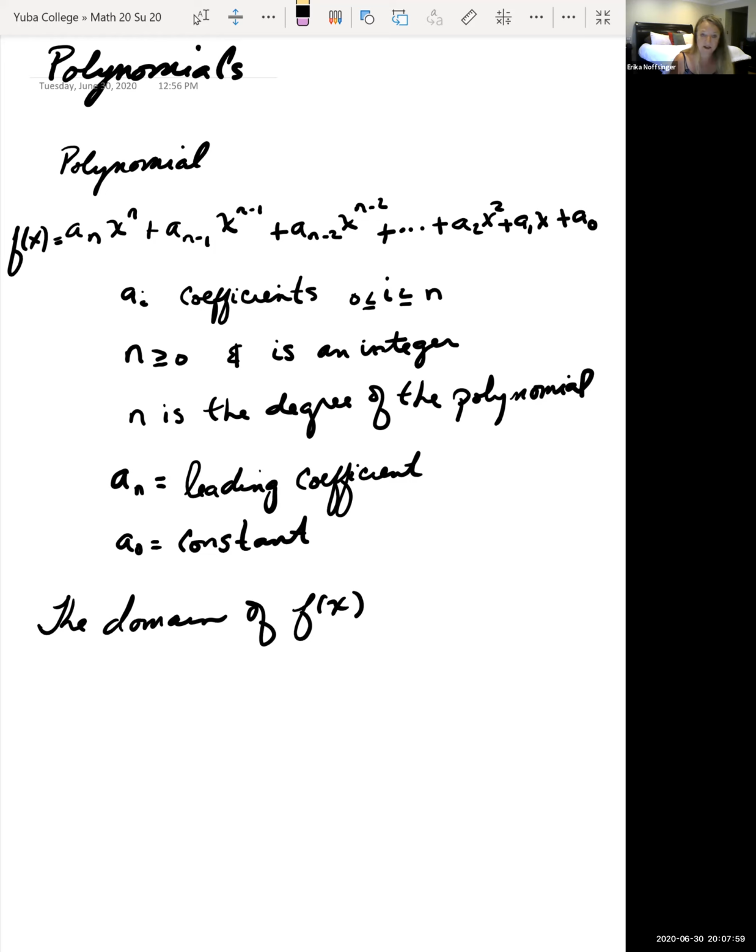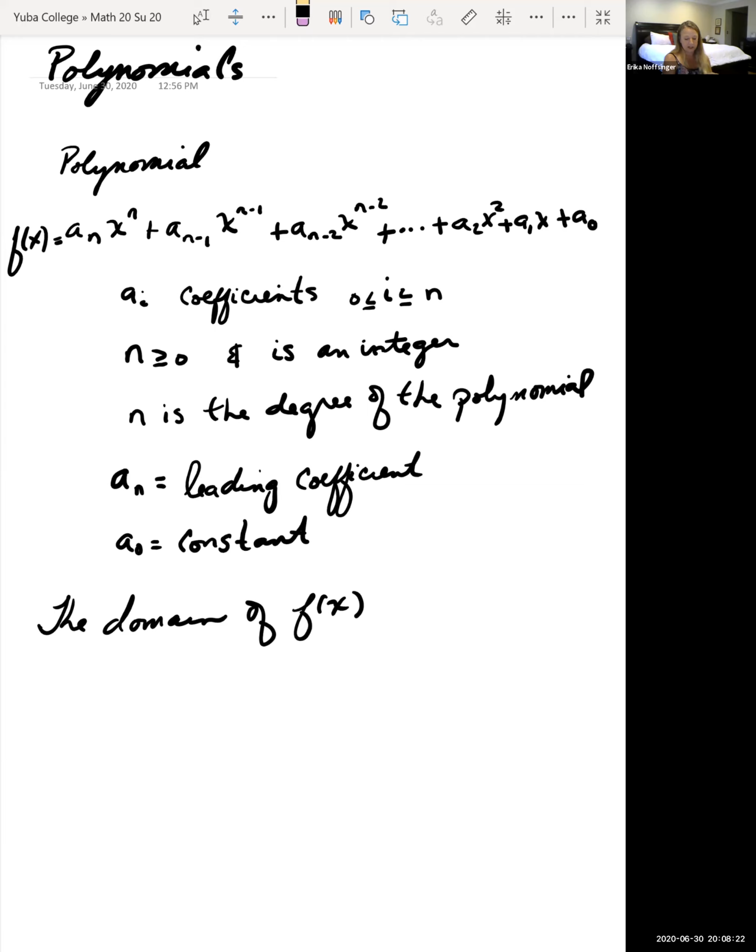The domain of f of x, those are the values that we can plug in for x and not have any trouble spots. If this is a polynomial, the exponents are integers, so they can't be a fraction like 3/2 or 1/2. It can't be 0.2.